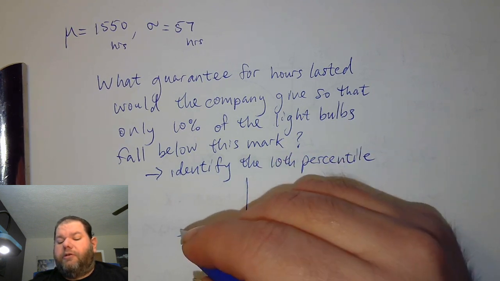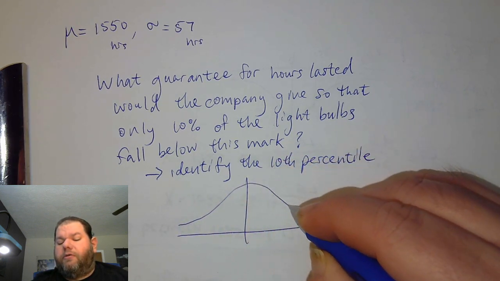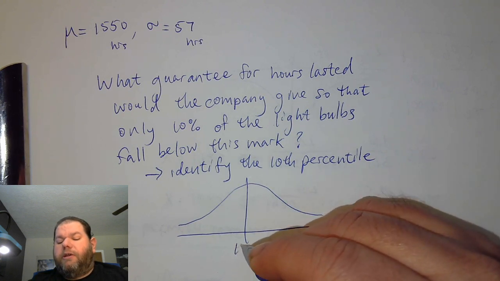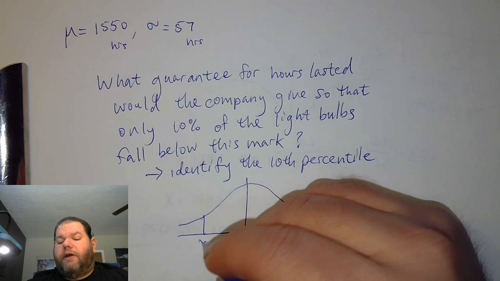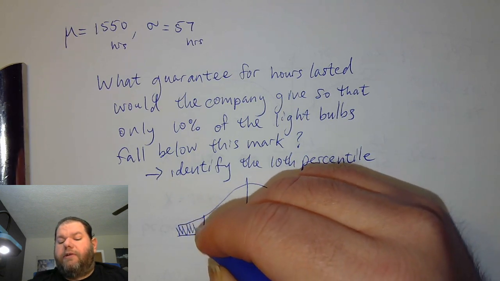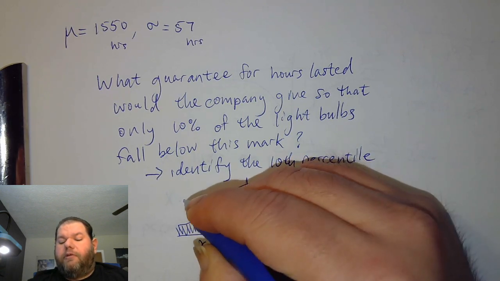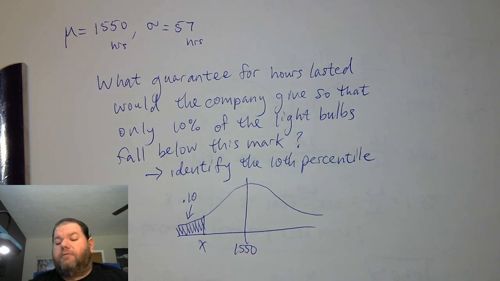let me draw a graph. We know the mean is 1550, and we need to figure out an x value so that the area to the left is 10%, or 0.10.